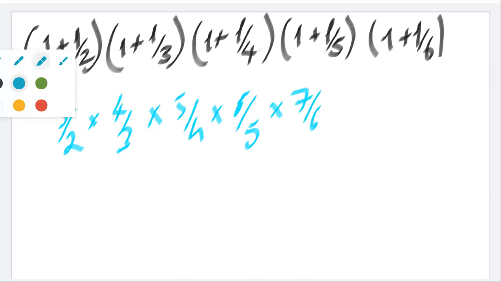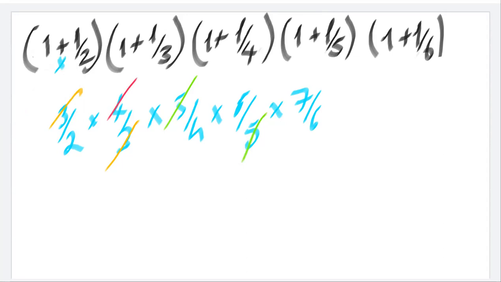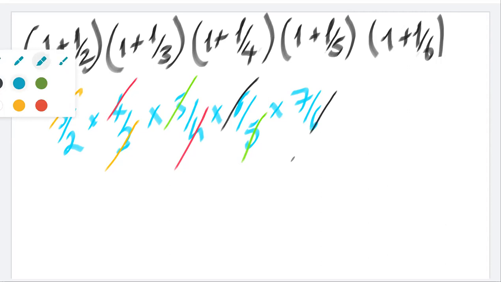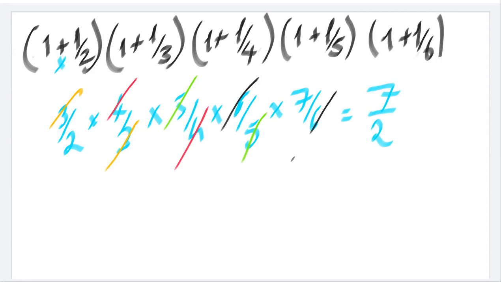So we can do similar simplifications, but this time it starts this way. So keep simplifying. We skip this one, and these two simplified. So what we are left with is 7 at the top and 2 at the bottom. So this is the end.